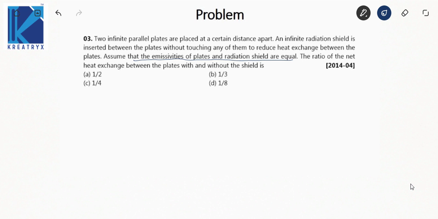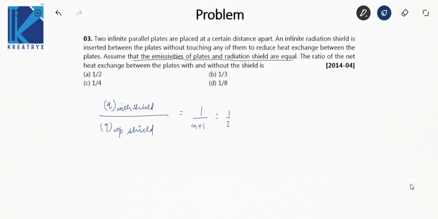You must be knowing that Q with shield upon Q without shield is equal to 1 upon n plus 1. And what is n? n is the number of radiation shields that you have inserted between the two infinite parallel plates, which in this case is equal to 1.